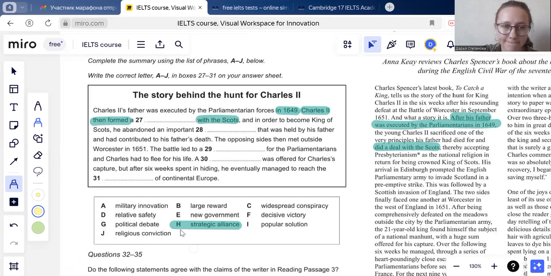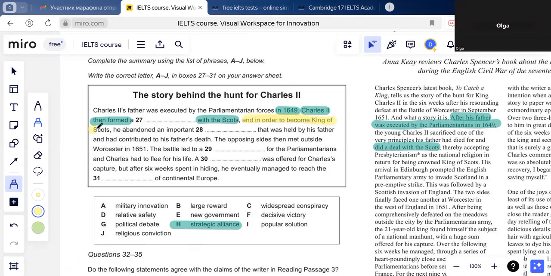Actually, this is J. No, J. Olga, can you please read the remaining part of the sentence? And in order to become King of Scots, he abandoned an important religious conviction that was held by his father and had contributed to his father's death.